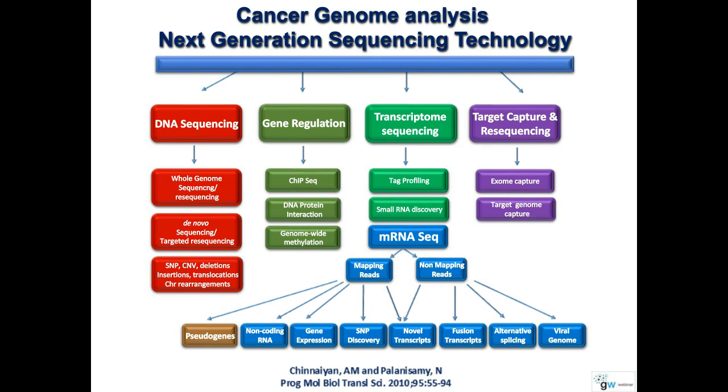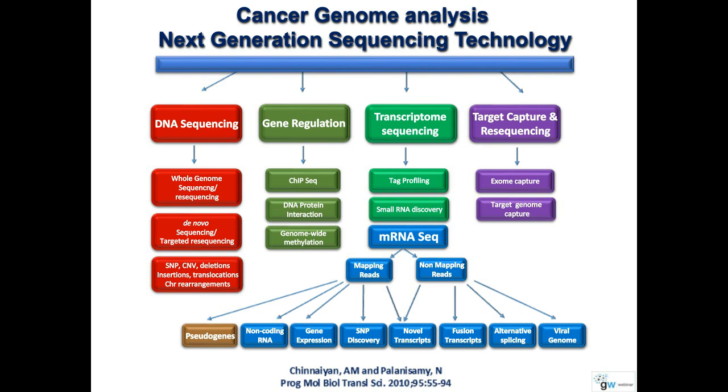Given the enormous complexity of the cancer genome and the extensive copy number aberrations, when we do the whole genome analysis, there will be a lot of mutations and aberrations which are very difficult to comprehend and to associate with tumor development.